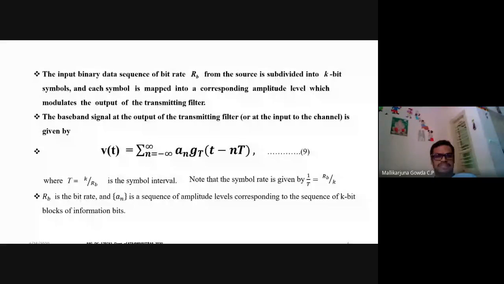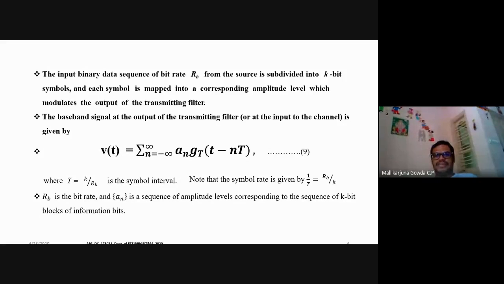So RB is the bit rate, and this a_n is what? It is a sequence of amplitude levels. I told you about the amplitude levels already, corresponding to the sequence of k-bit blocks of information bits. So this is the amplitude level, and g_T(t) is the impulse response of the transmitting filter.